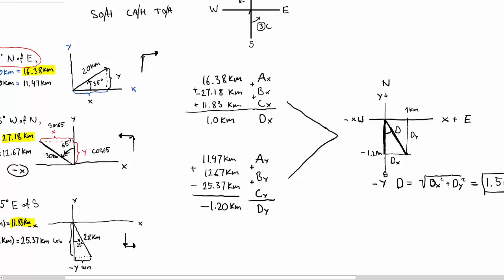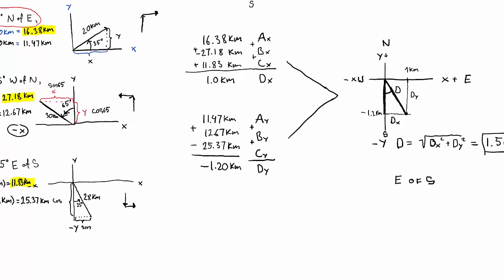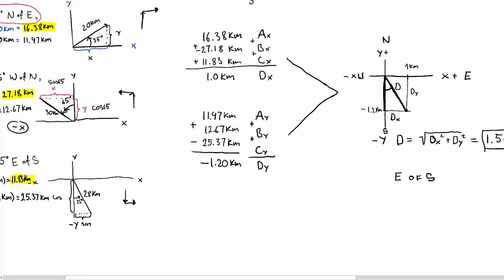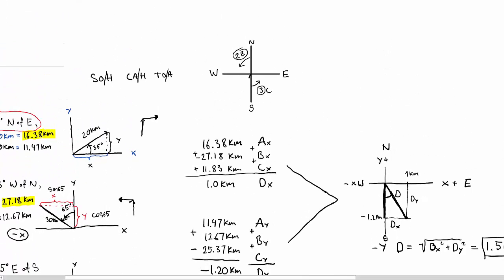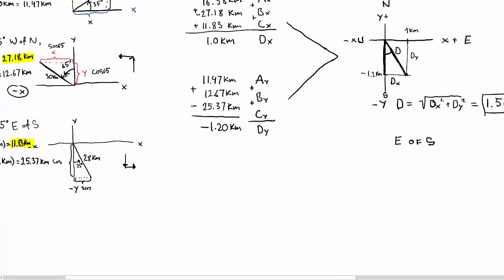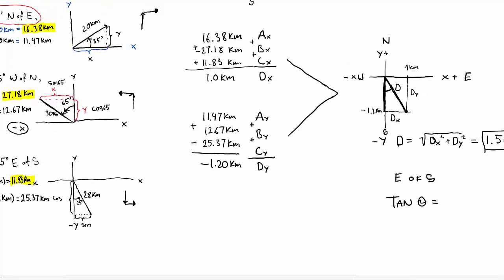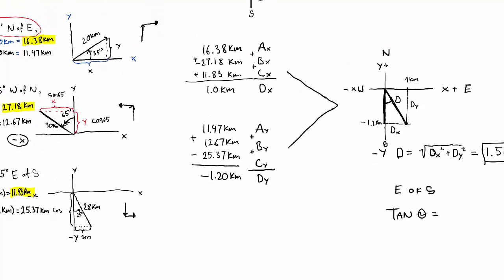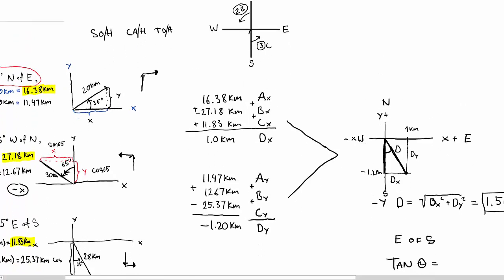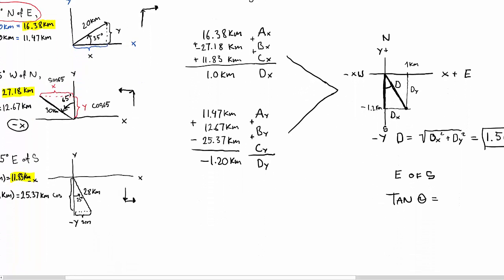So measuring east of south, the angle would be, from our SOHCAHTOA, tangent theta equals opposite over adjacent. The opposite is dx over dy.